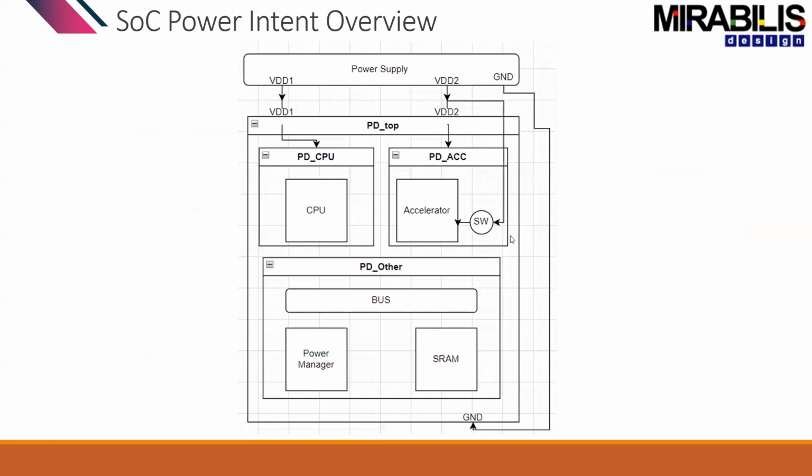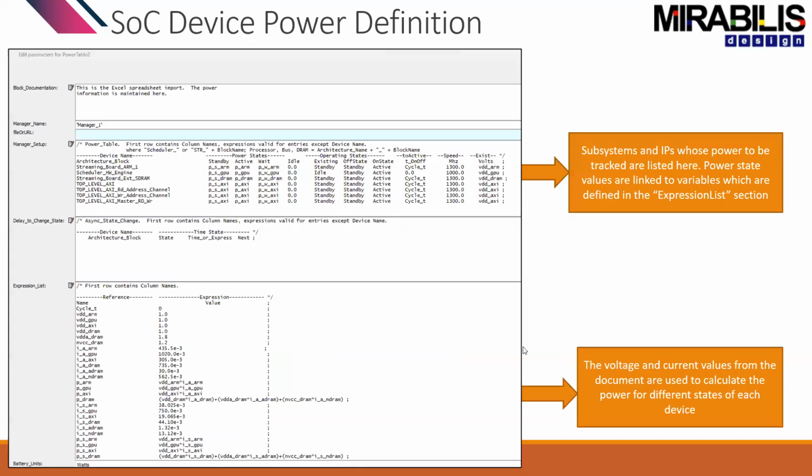So within a particular device, you can have multiple power domains. You can have separate power managers with their own voltage and their own ground. And when you do that, you have to define the power of each individual IP or subsystem that's in your design.